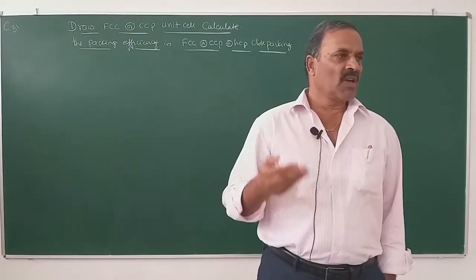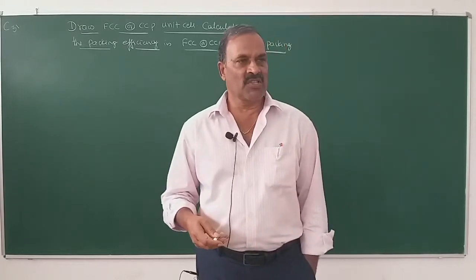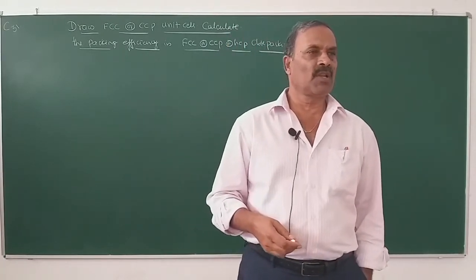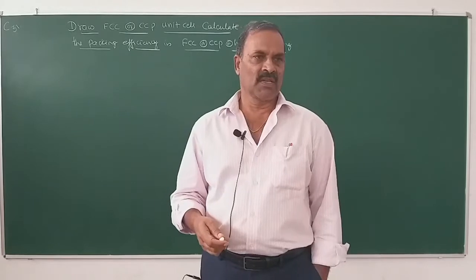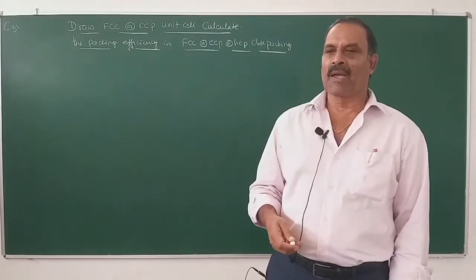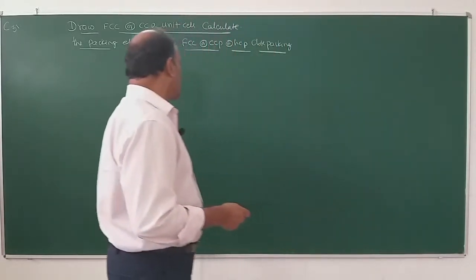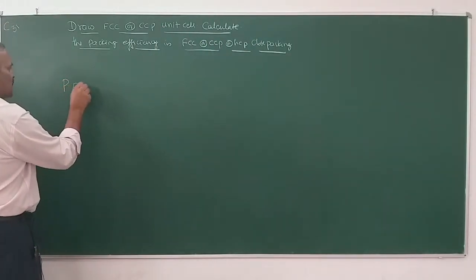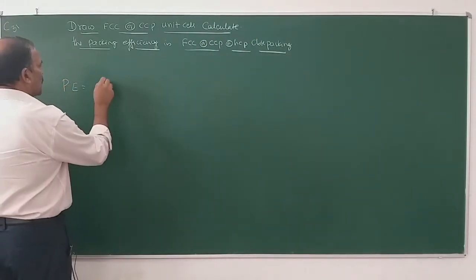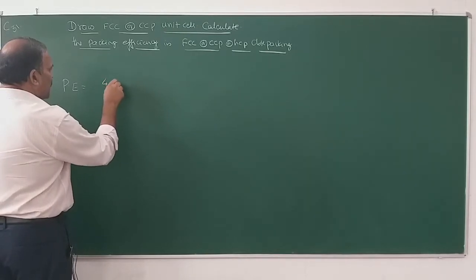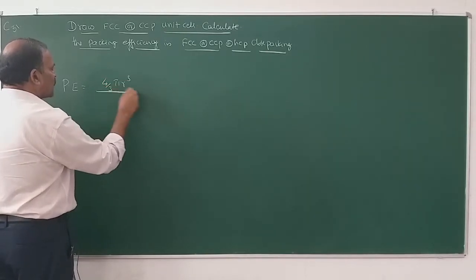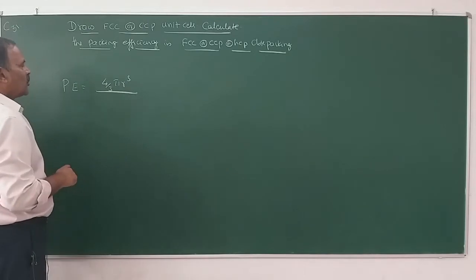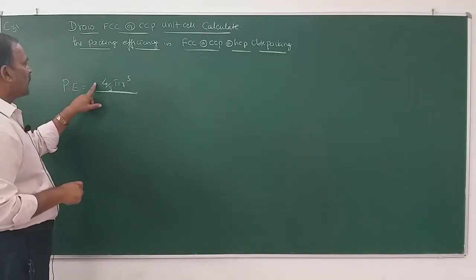So, yesterday we calculated packing efficiency in the case of the simple cubic unit cell, that is SCP. Packing efficiency is equal to 4 by 3 pi r cube. This is the volume occupied by one particle.